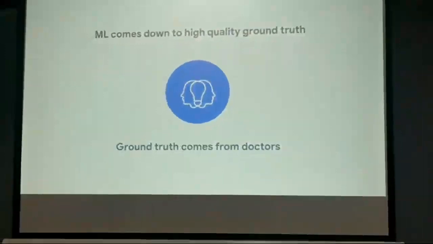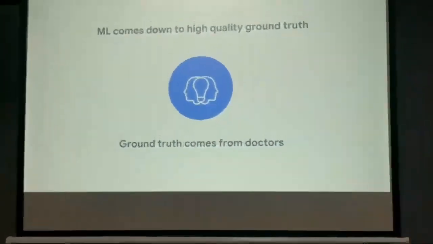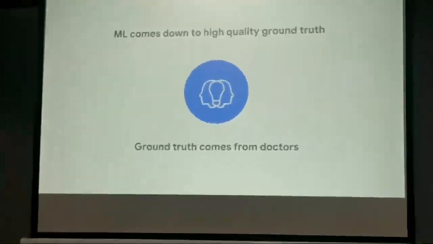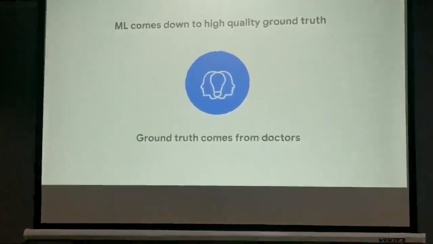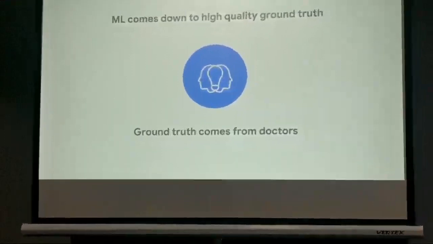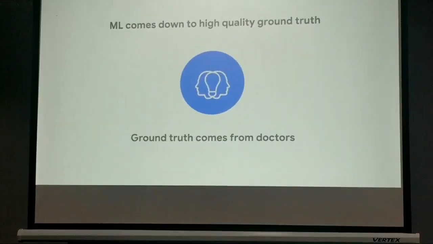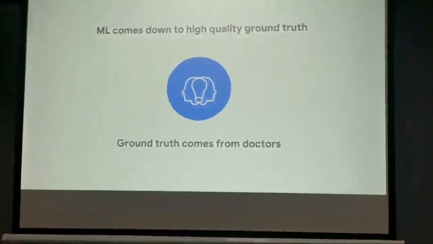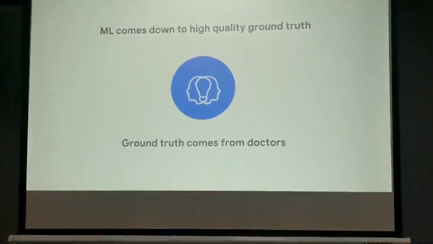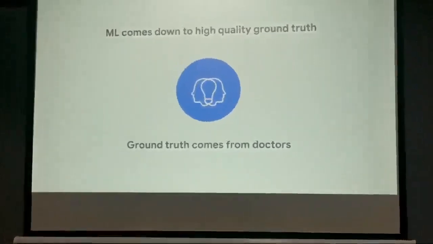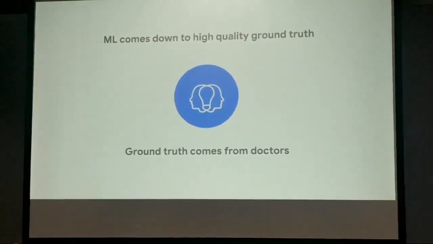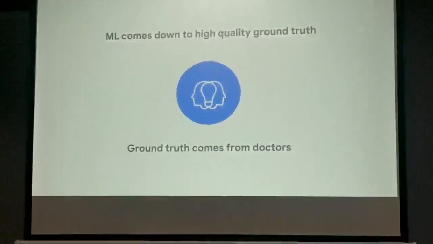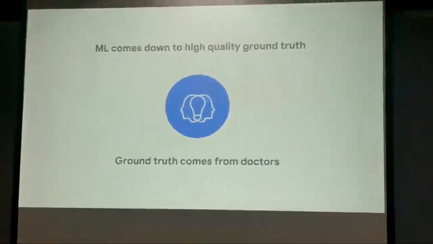So ultimately, machine learning comes down to high quality ground truth. And ground truth comes from doctors. The machine learning part is making a lot of progress, but ultimately, in order for us to create useful, good machine learning models to help our patients, we need to align ourselves around disease definitions and severity scales.